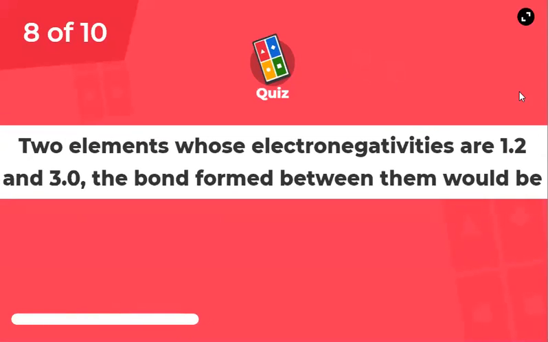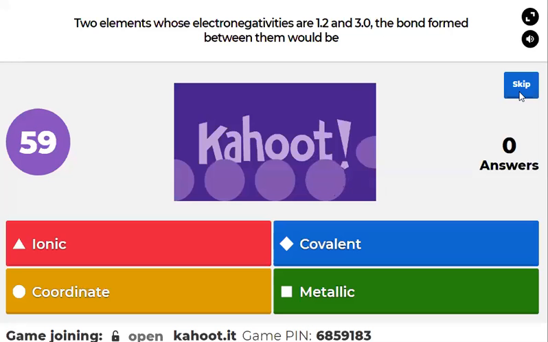Next, two elements whose electronegativities are 1.2 and 3. The bond formed between them would be ionic, covalent, coordinate, or metallic. Tell me. I hope you remember the electronegativity difference concept.